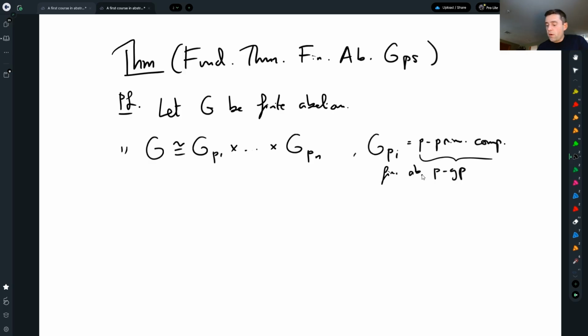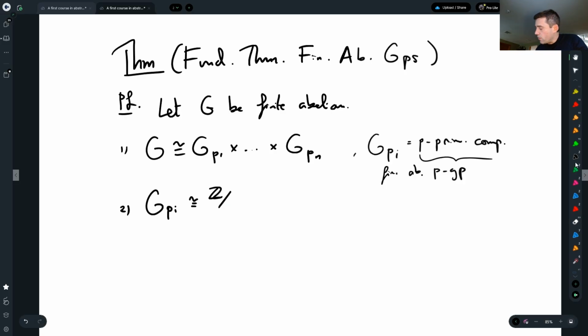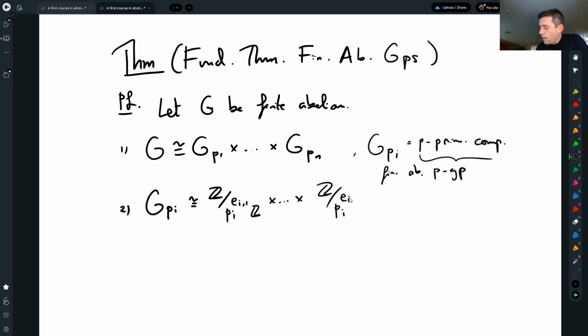So by the theorem that we just proved, each one of those is isomorphic to a direct product of cyclic groups, each one of the form Z modulo pi to the some power, and then some multiplicity n_i.